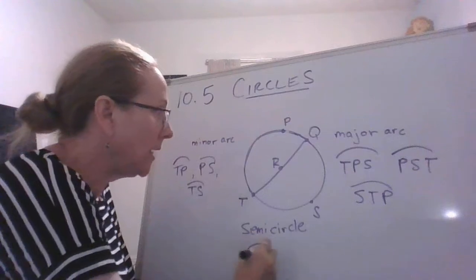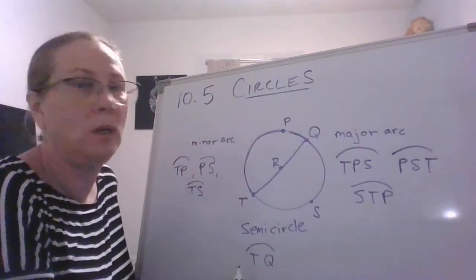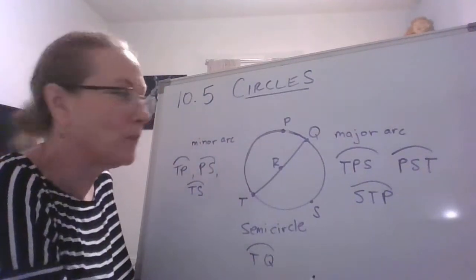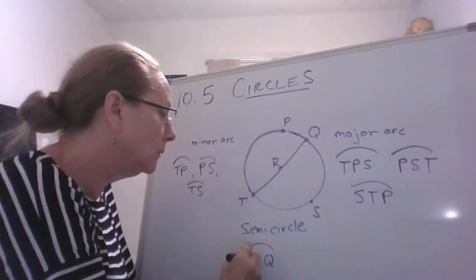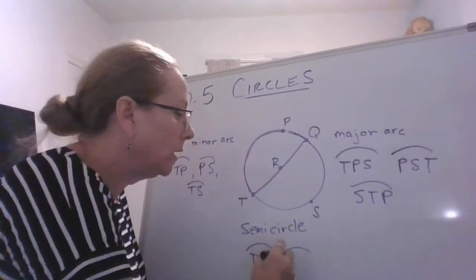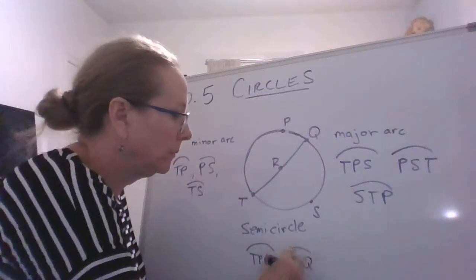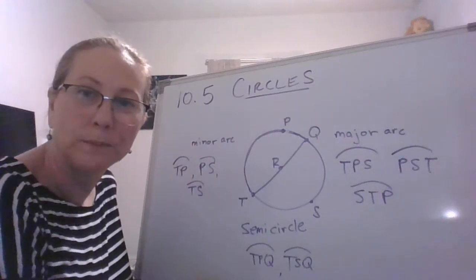But if we just say TQ, which one? This one or this one? It's not clear. So we have 2 semicircles, TPQ or TSQ. Those are both semicircles, half of a circle.